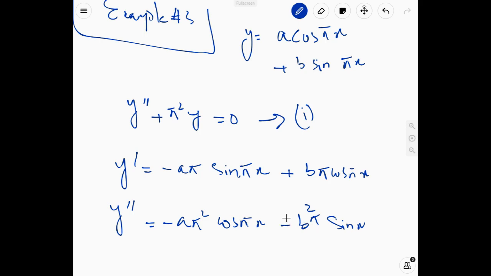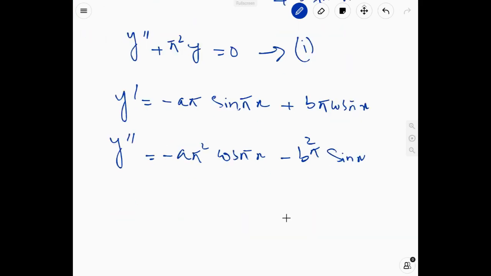You have to just put these values into the differential equation number 1. The left hand side is y double prime. The value of y double prime is minus a pi square cos pi x and minus b pi square sin pi x.